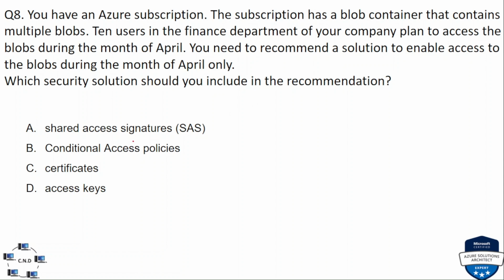And the options are option A, shared access signature, SAS, B. conditional access policies, C. certificates, and D. access keys. And the correct option is shared access signatures, that is SAS.